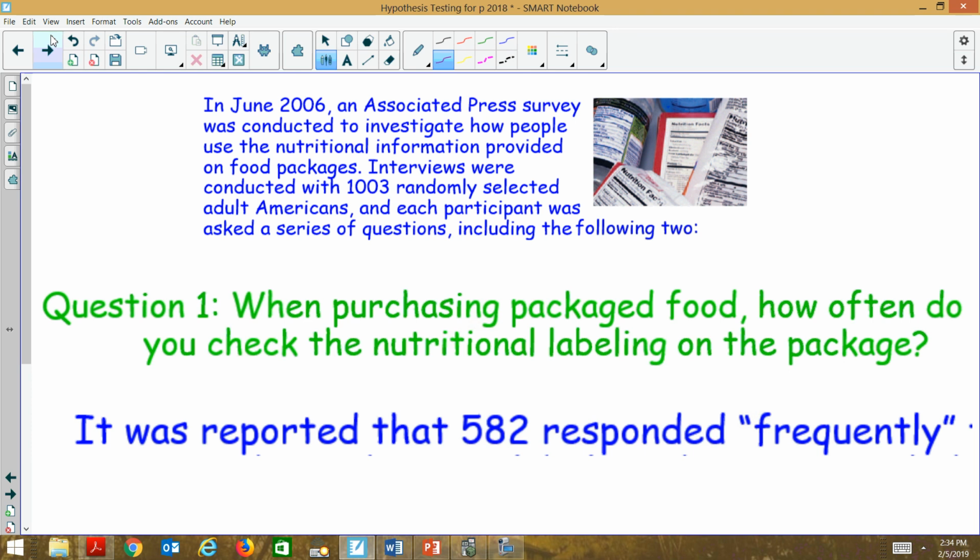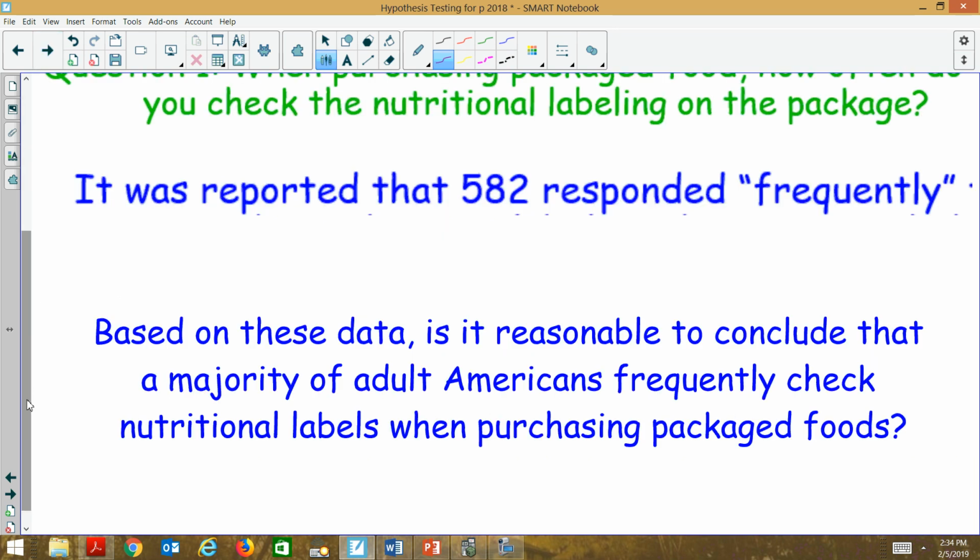When purchasing packaged food, how often do you check the nutritional labeling on the package? It is reported that 582 responded frequently. So, based on these sample data, is it reasonable to conclude that a majority of adult Americans frequently check nutritional labels when purchasing food packages?